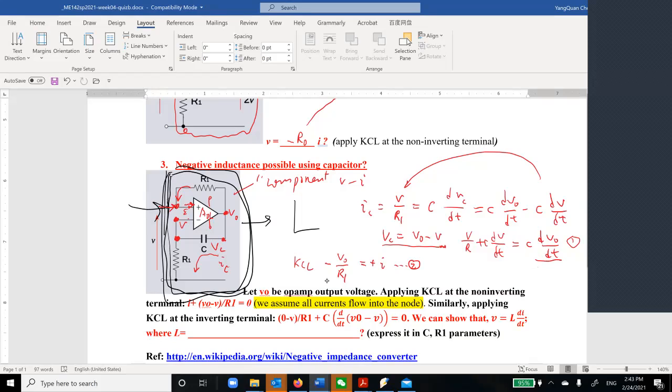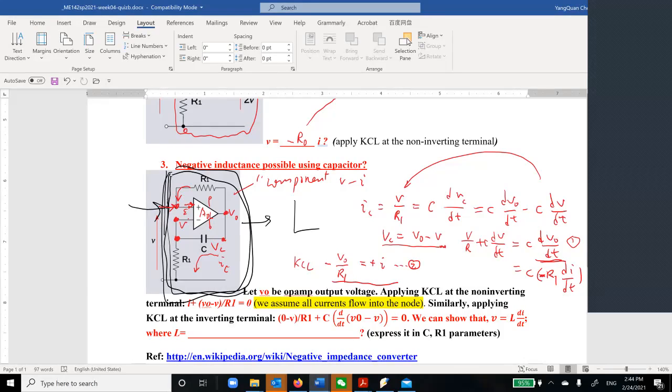So this is my V. If I do d/dt on both sides, I'm going to have C dV, this is R1, di/dt. Because you do d/dt on both sides, you're going to have this one, but you have a minus sign here, don't forget. You get it? Okay, so good.